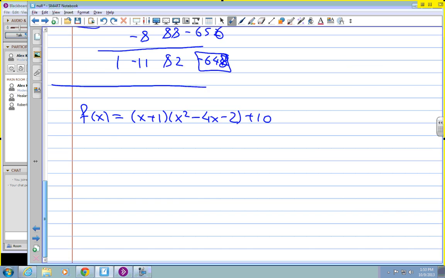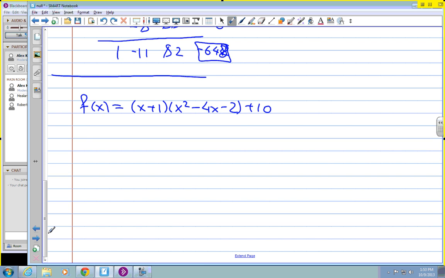So we're able to write our polynomial like that. Okay? So if I ask you what is f of negative 1, what happens to the first parenthesis when you plug negative 1 in there? Well, it's going to turn into 0 times whatever plus 10. Well, this is 0 every time. So then f of negative 1 equals whatever the remainder was.